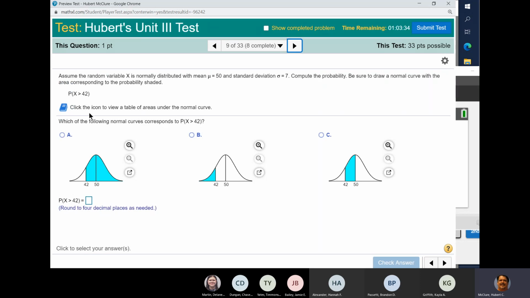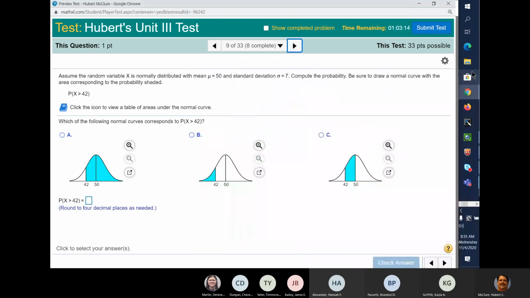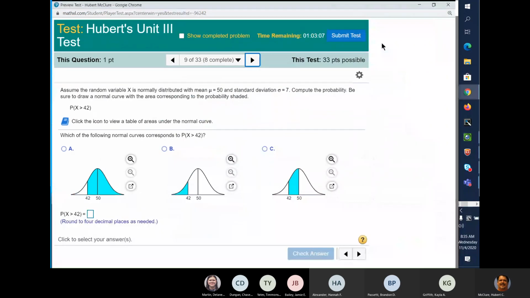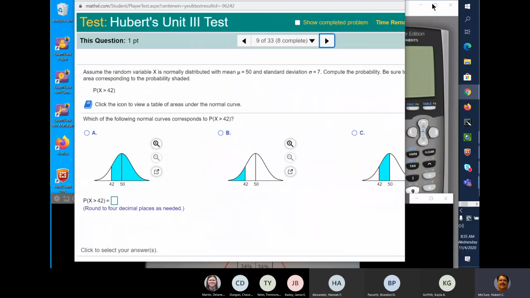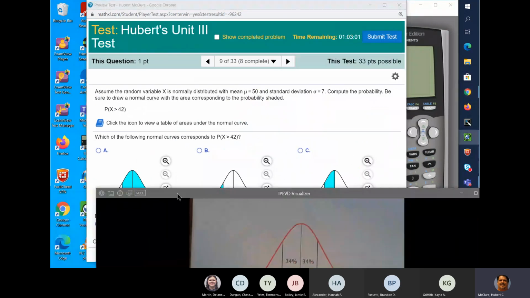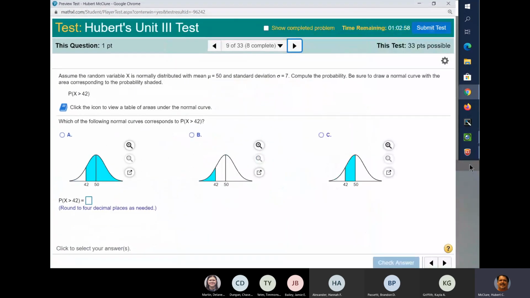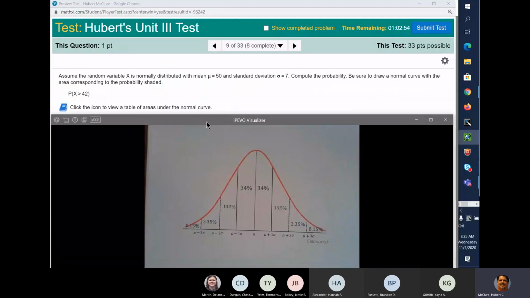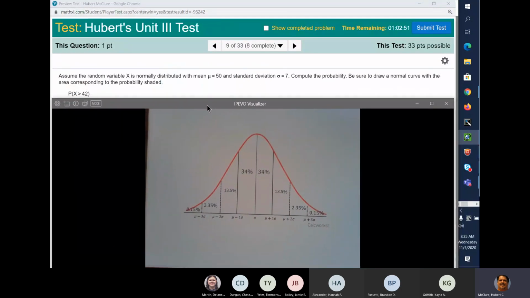All right, do this one. Draw a picture. Assume the distribution is normal, draw a picture.